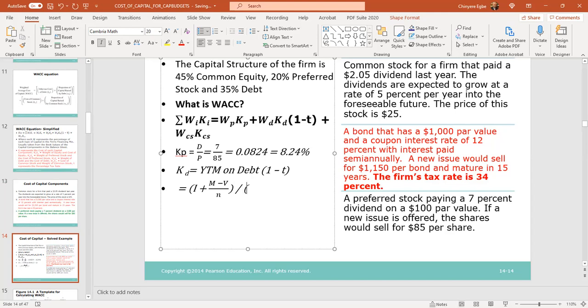That is the formula for the cost of debt, the yield to maturity on the debt. So let us plug in the values and see what we get.